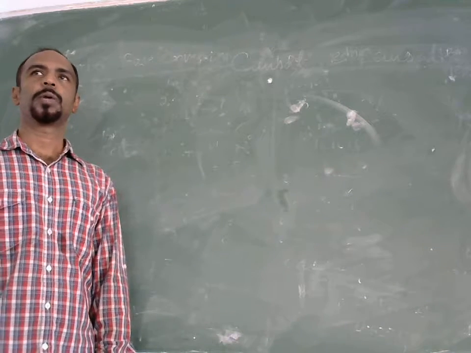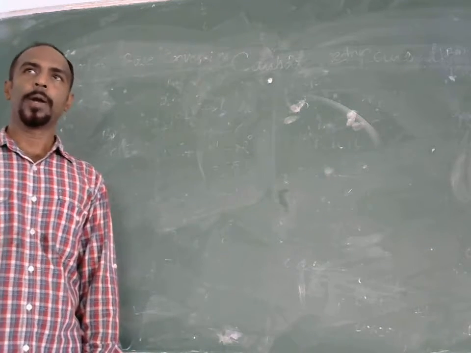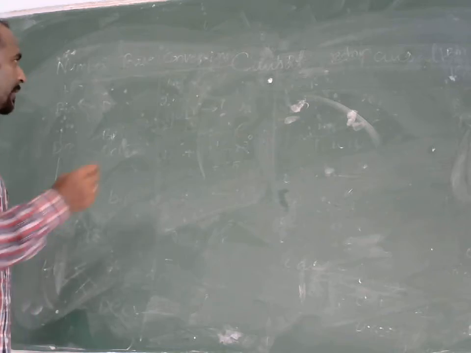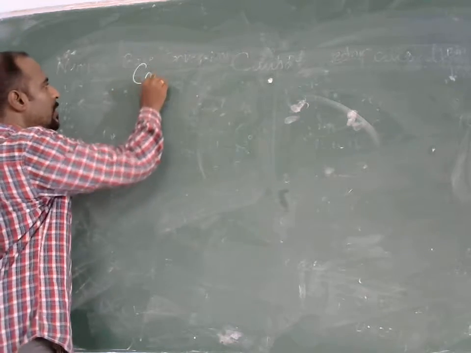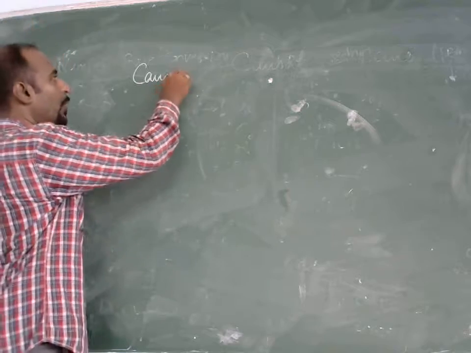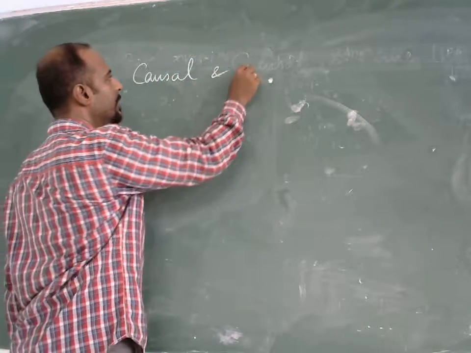In today's class, we will look into one more classification of signals, that is causal and non-causal signals. This is not casual, this is causal. What do we mean by causal?